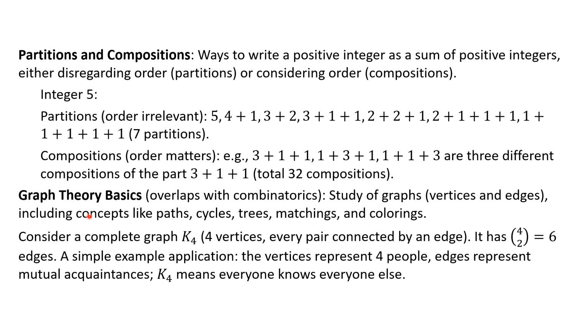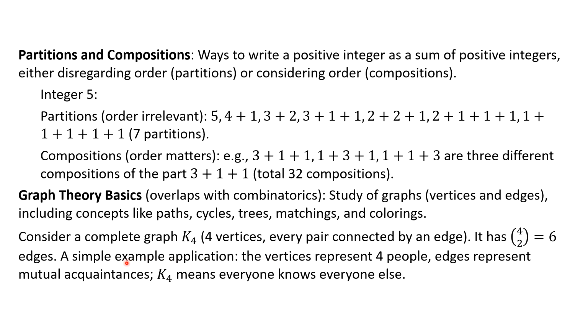And then finally, we have graph theory, which is basically various configurations involving edges and vertices, and that gives us a whole bunch of different counting problems. I give you one example here. If we take K4, which is the fully connected graph with 4 vertices and 6 edges, you can think of a square where the edges are connected along the exterior, and then you have the opposite side edges connected together, and so that gives you 6.